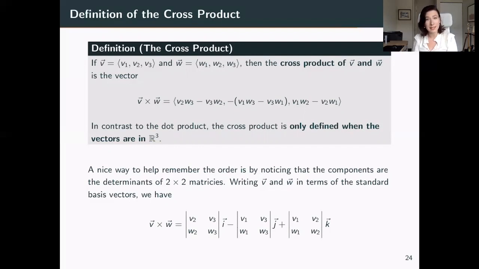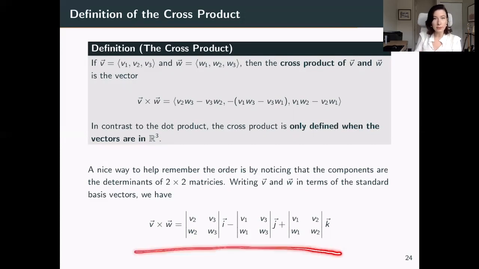In contrast to the dot product, remembering the formula for the cross product can be pretty difficult. But there is a nice way to remember it, especially if you are familiar with some of the concepts from linear algebra. The following below is a different way to represent the cross product in terms of determinants of matrices.